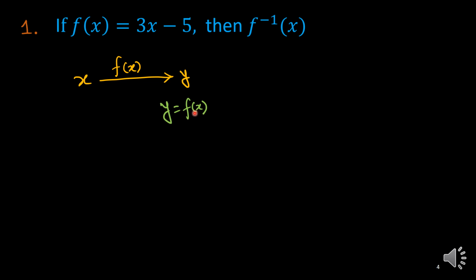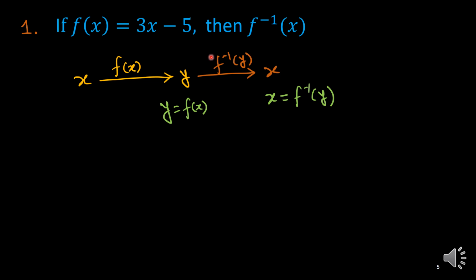Now we need to understand what is the meaning of inverse. Can I find one function which will operate on y and will give you back x? That function will be called the inverse function. So it will operate on y and it will give you back x. That is the meaning. So f inverse, suppose one function, is a function of y, and it will give you back x.